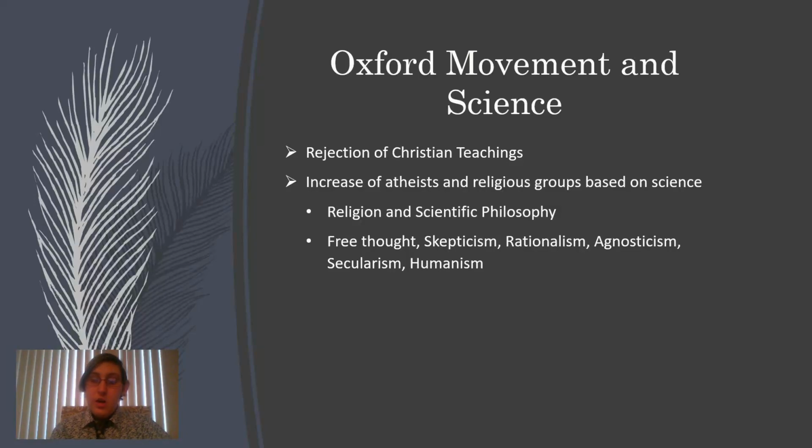With this new information, atheists and non-religious groups began to form and become very popular in England, and they were based on religion and scientific philosophy, and also included free thought, skepticism, rationalism, antagonism, secularism, and humanism.